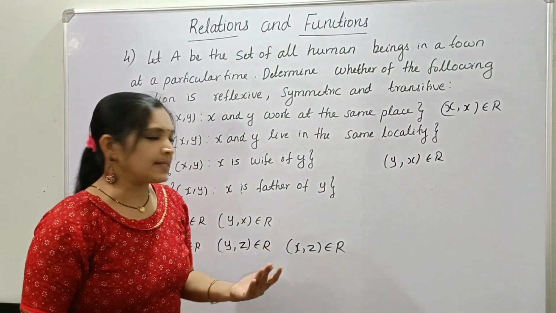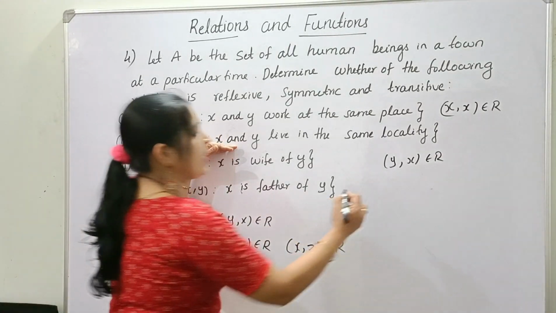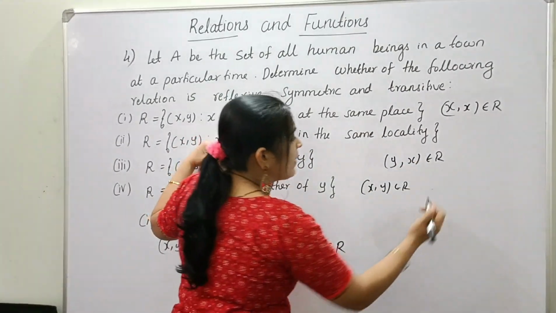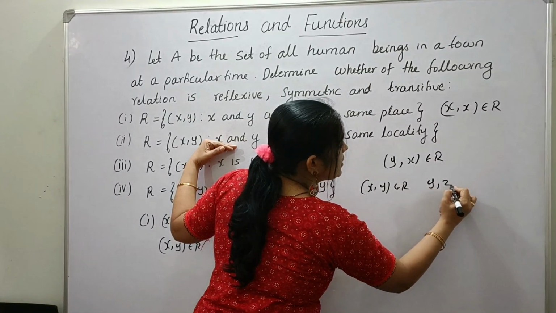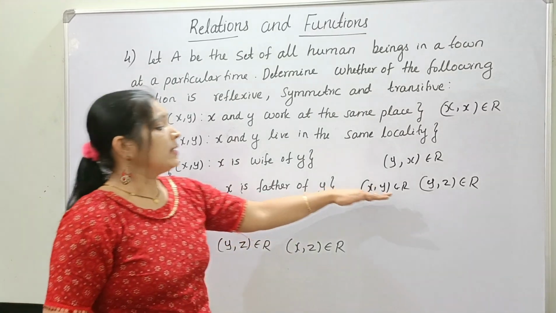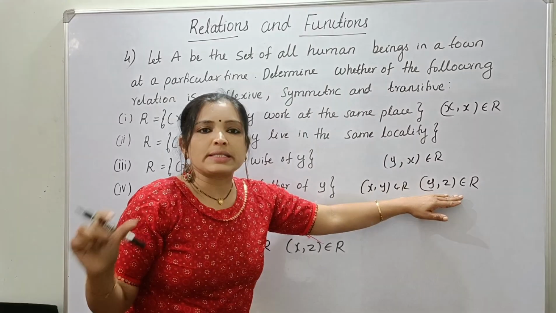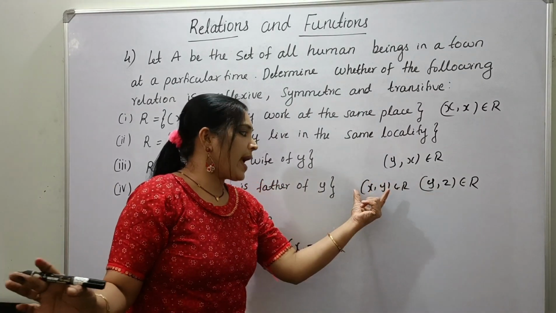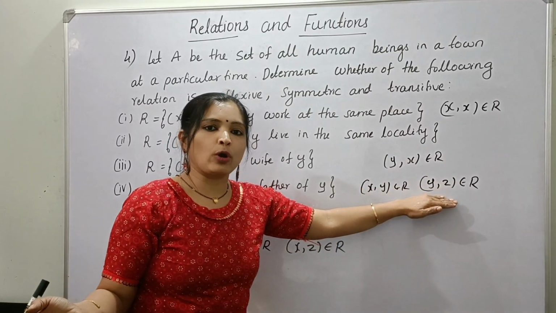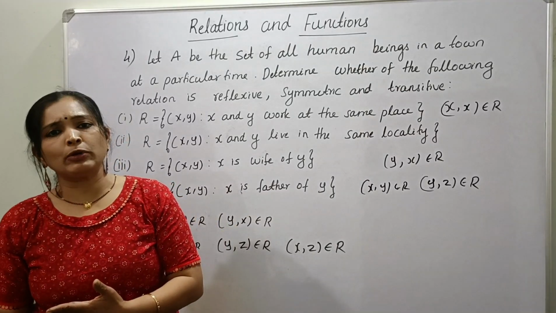Now what about transitive? Here xy belongs to R, and let us take another element from R, that is yz belongs to R. Since these are elements of R, x and y live in the same locality, and y and z live in the same locality. That means x, y, z live in the same locality.